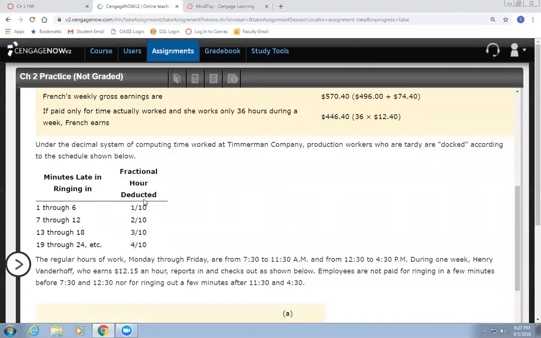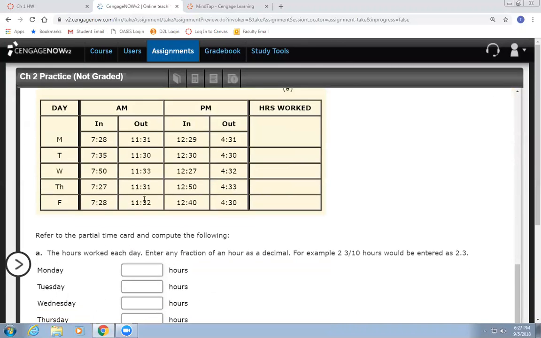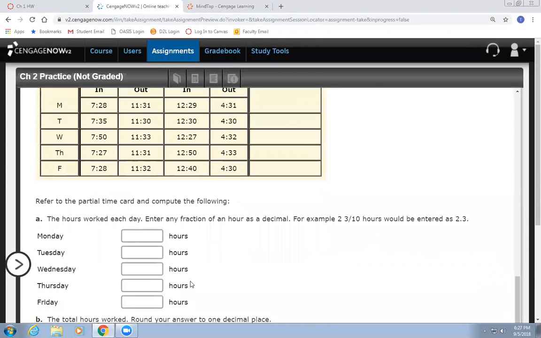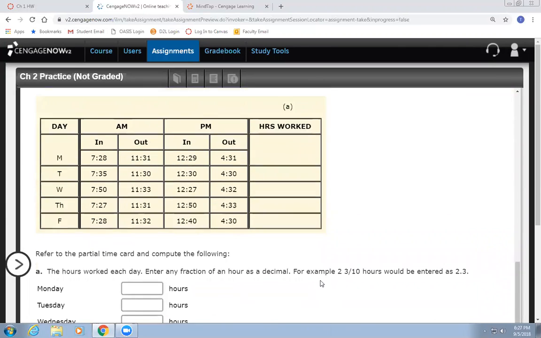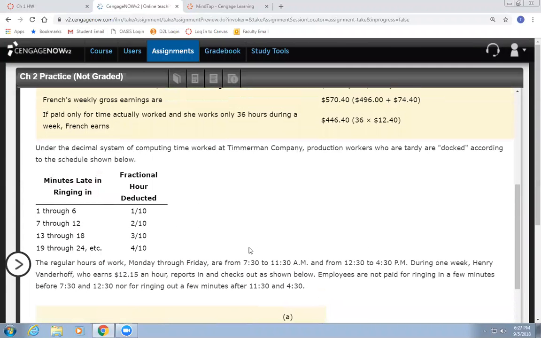Okay. So this next one, we're actually going to be given clocking in and out times, and we are going to calculate how many hours an employee worked. Every employer is going to have their own designation as far as how time on the clock is handled. And this one was looking at the decimal system of computing time worked.